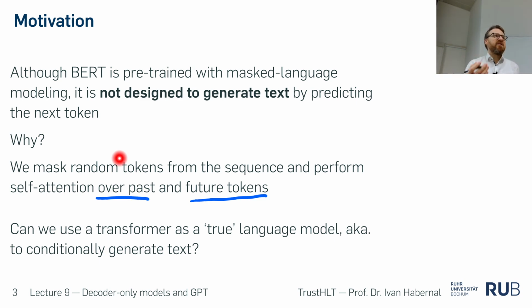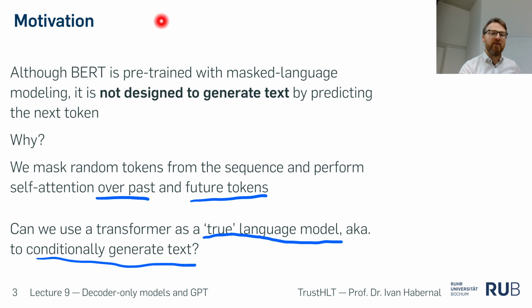Conceptually, you cannot use it for text generation, because for text generation you have some input, the previous tokens, and you want to generate the next token. So you can only look to the past. But there's basically an easy fix, which we'll be talking about today. We want to turn this transformer model into a true language model, to conditionally generate text.